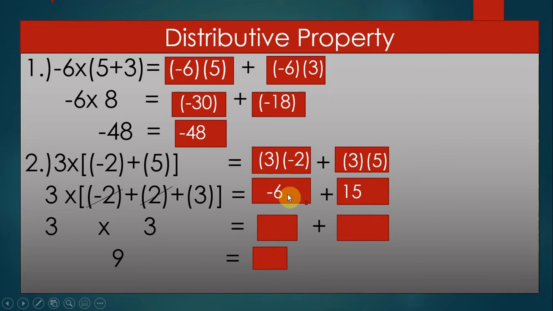Now look, they have different signs, so applying the addition rule, what number is to be split up? It's 15. We will break down 15 into two, all positive, and one of its breakdowns is the opposite of negative 6, which is positive 6. Bring down negative 6 plus positive 6 plus 9. So 6 plus 9 is 15. Now we could cancel out these and the remaining number is positive 9, and that's the answer.